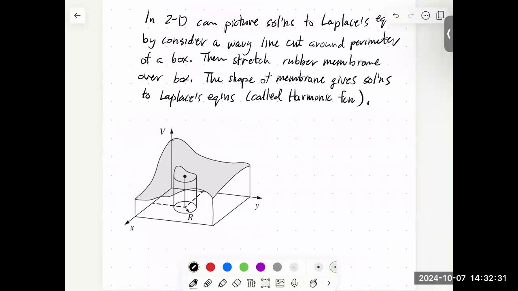How is it possible that if I average the potential around this circle, then I get the value? It's because over here we have high values of the potential, but it's over a short section of the circle.